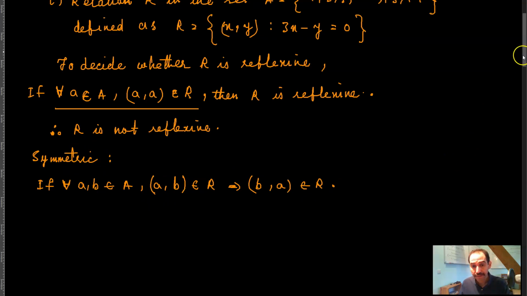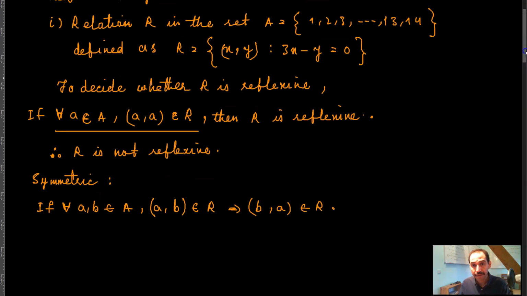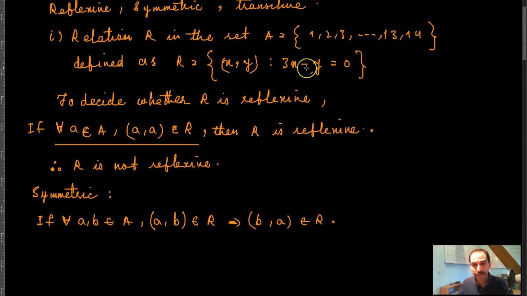And in this case, you can see that for all of these ordered pairs, x and y, y is always 3 times x.